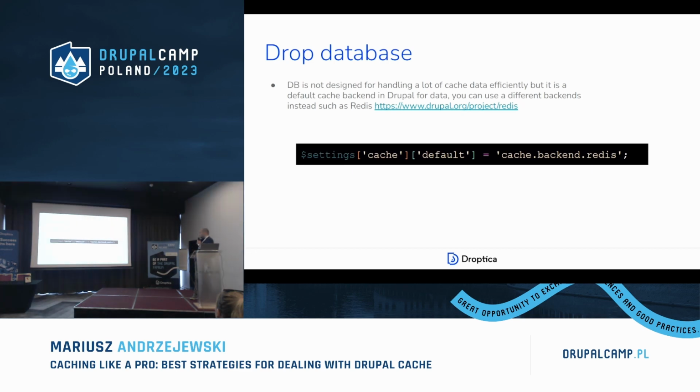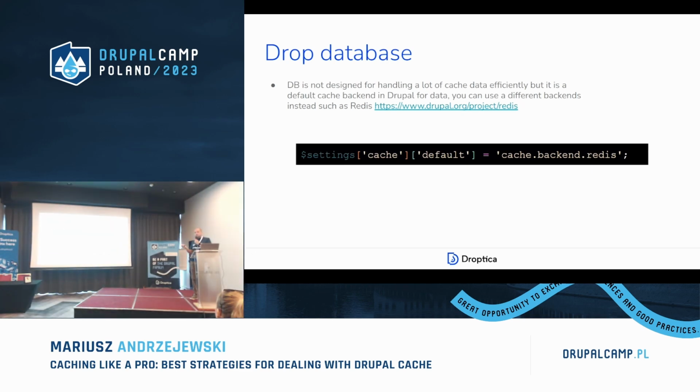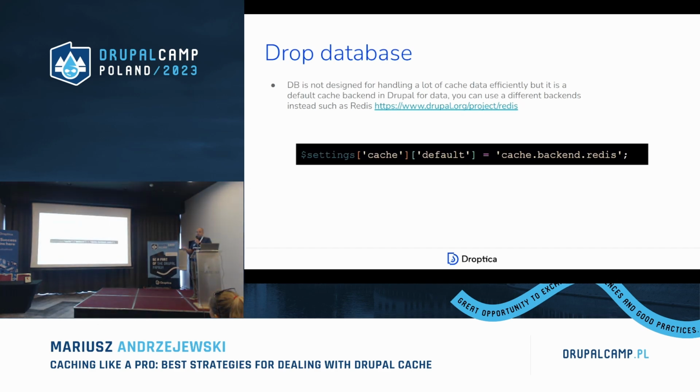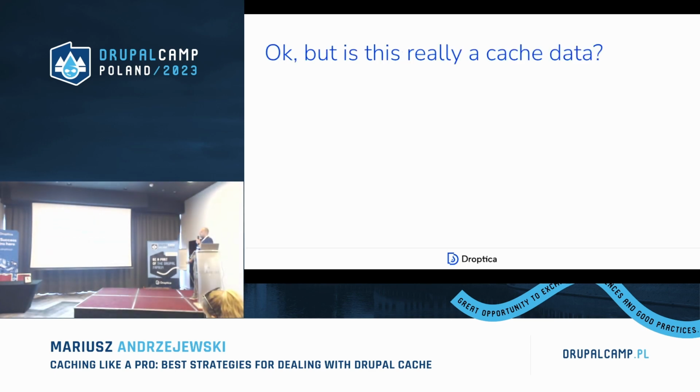And it is also pretty straightforward in Drupal. We can use, for example, Redis. This is a key value store. So basically the same thing, but it is designed to store that kind of data. And once we install it, it's just a matter of setting it as the default cache backend.